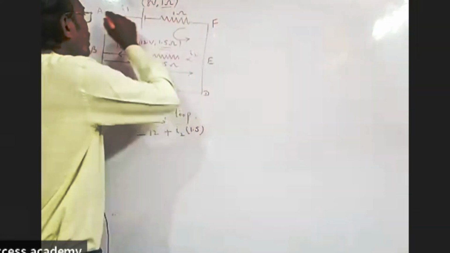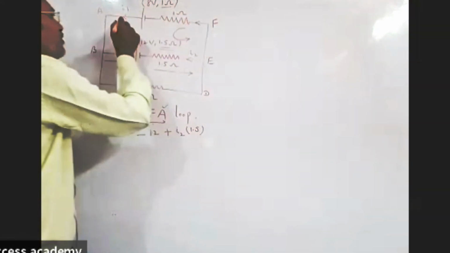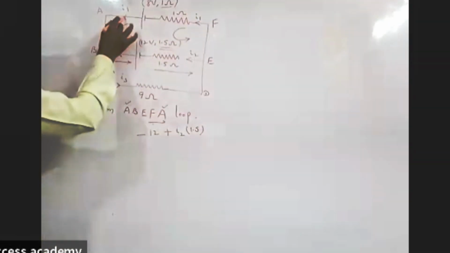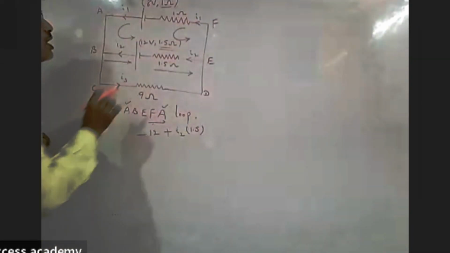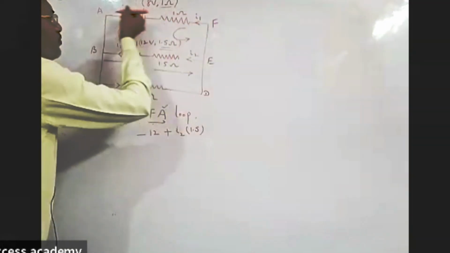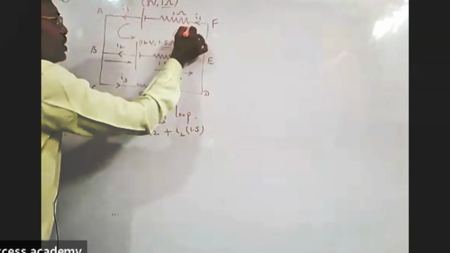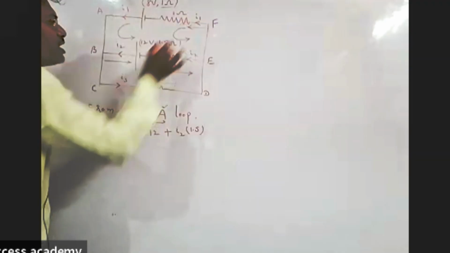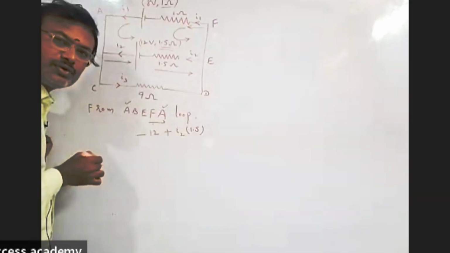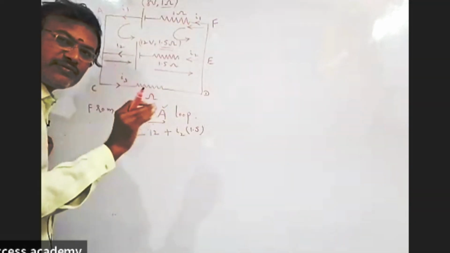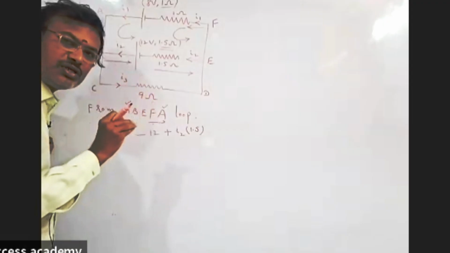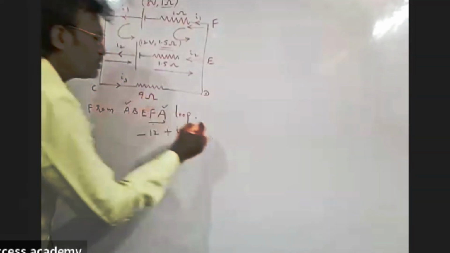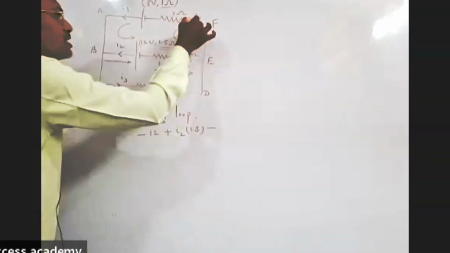So now F to A, if you are moving, the current is I1. See the direction here? I1 is like this. So the current is moving from F to A. At first cell came here. You are moving from F to A, and the direction of current also is the same in that branch. Are you getting, ma? So if the direction of the current is the same in that branch, here I am taking the sign as negative, minus.